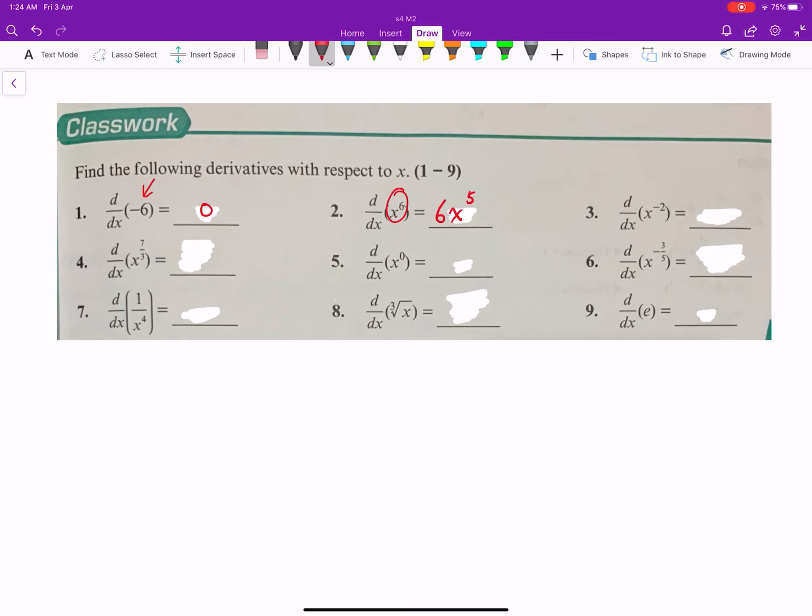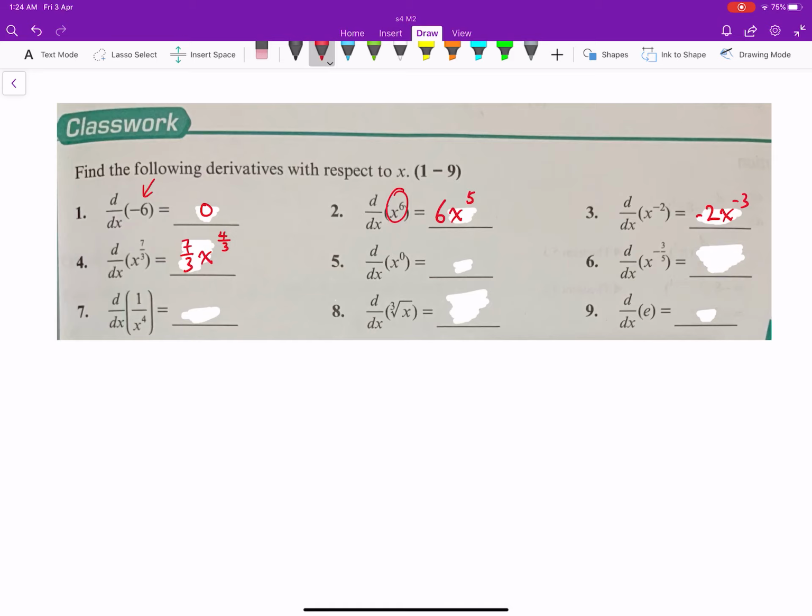For the next one, it's a negative number in the index, but it doesn't matter. We just apply the same rule. We put the negative 2 in front, and then negative 2 minus 1 gives negative 3 for the index. This one is a fraction, but it doesn't matter. You still put this number in front, and then we get 7 over 3 minus 1, so we get 4 over 3.